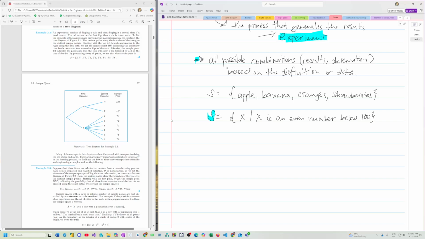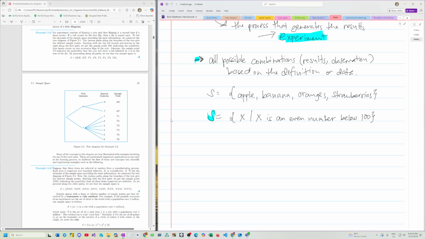If we have such a definition, we know that only numbers that are below 100 are included in this set. Are negative numbers included? Of course, they are included because they are below 100. So is 102 included? Or is 100 itself included? No, it isn't, because it's numbers below 100.